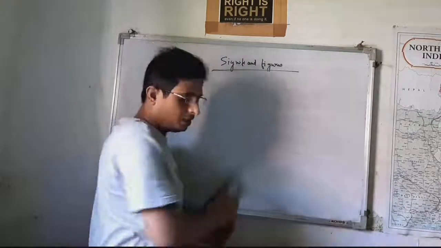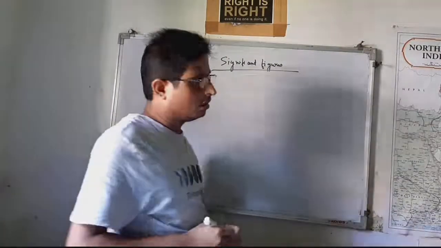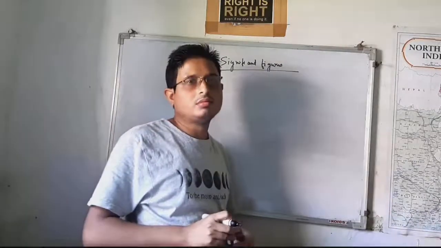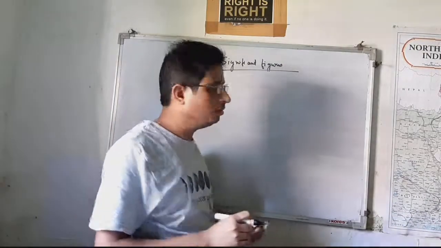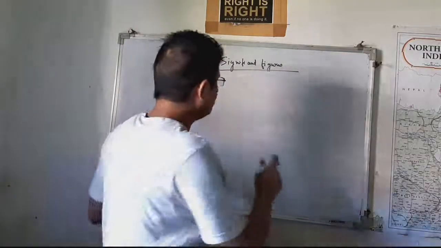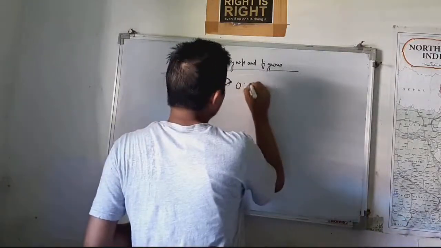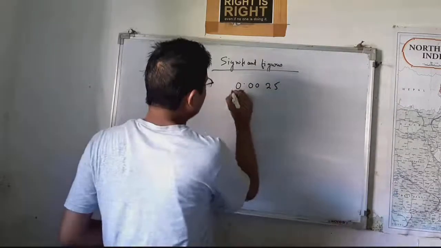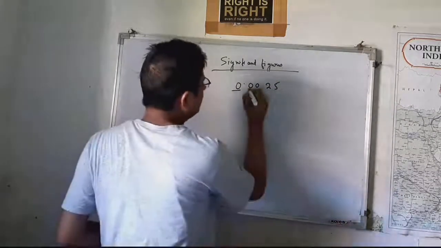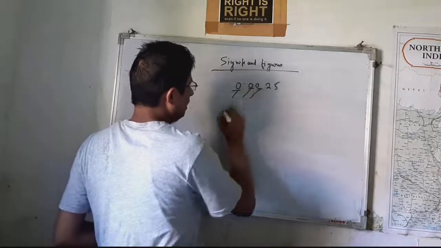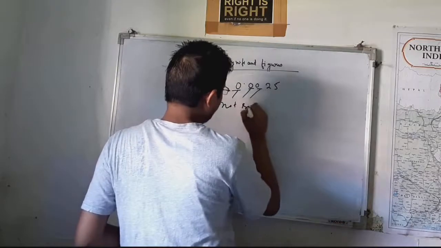The next point is, suppose we measure a value of a physical quantity, which is, suppose, 0.0025. In that case, this zero is insignificant and these two zeros are also insignificant. These three are not significant.